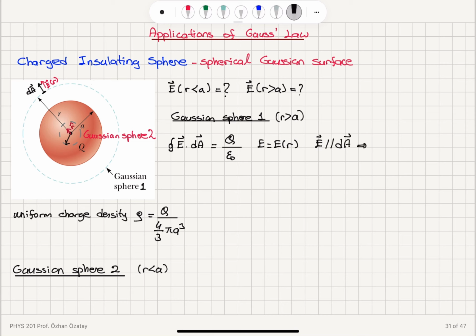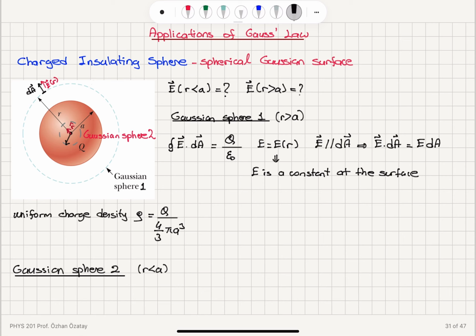What does that mean? The dot product E dot dA is simply equal to the product of the magnitudes, E dA, because I have cosine of 0 equal to 1. At the same time, the electric field magnitude is a constant at the surface of this Gaussian sphere 1, because it's only a function of r.